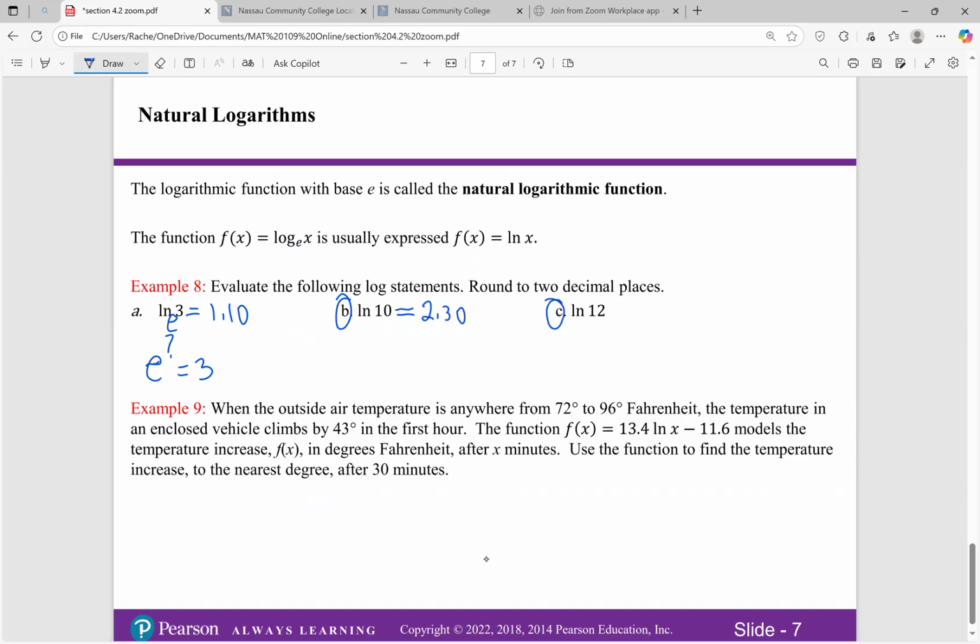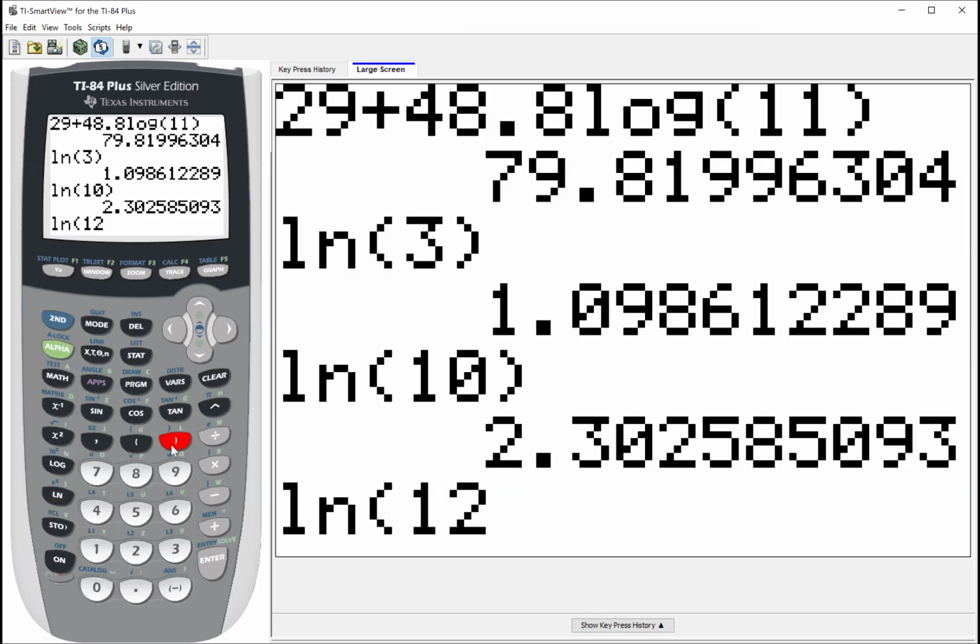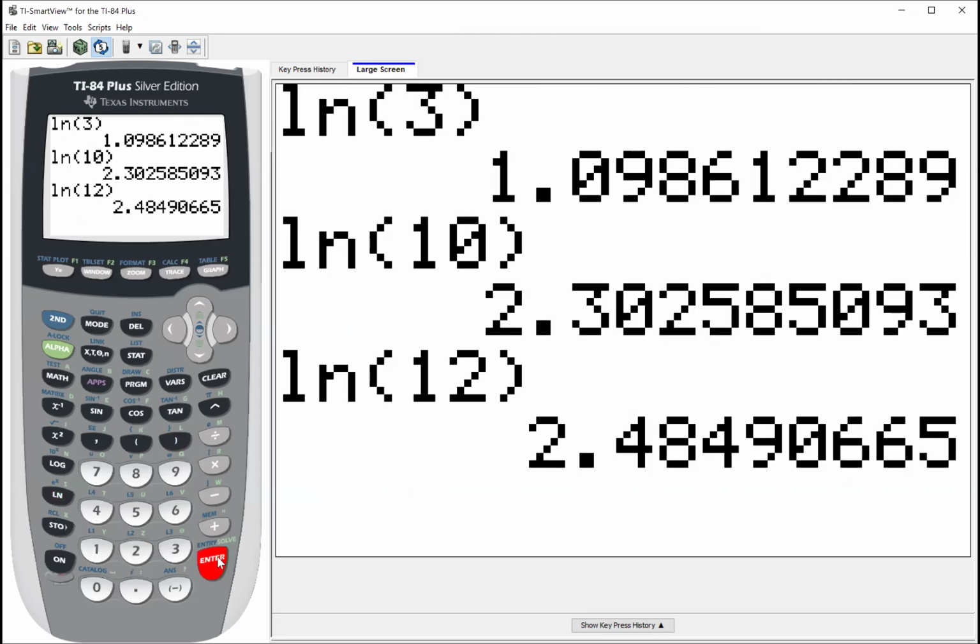We'll do one more for practice. So natural log of 12. e to the what power is going to give us 12? So natural log of 12 to two decimal places is 2.48.